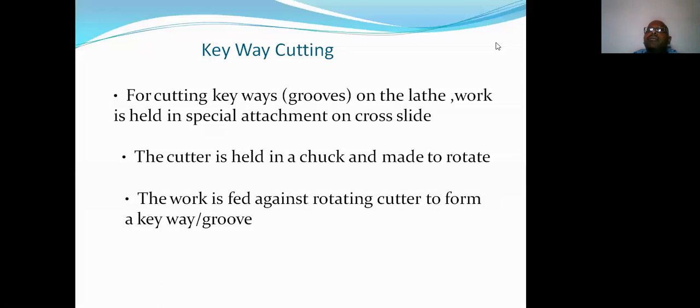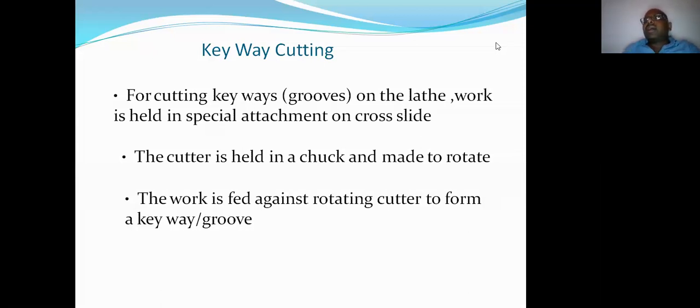Without having proper fixing of the job within the lathe machine, it is not possible to perform the required operation. So that's why the next topic to be discussed is work holding devices. After completion of the work holding devices, the next topic is the tool holding devices.